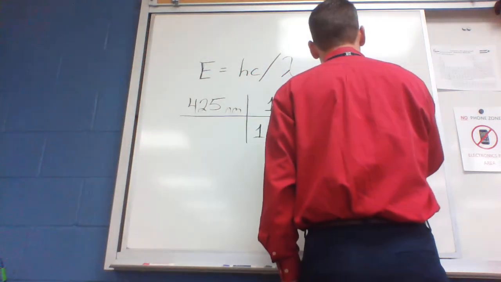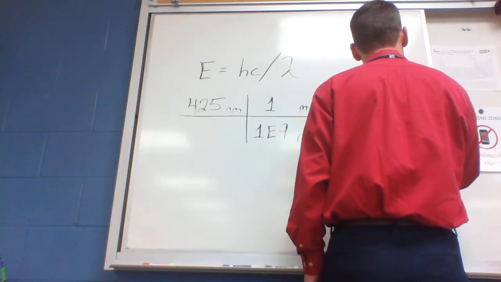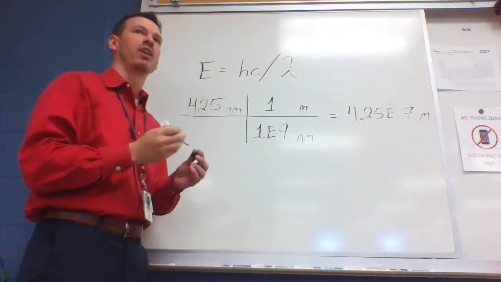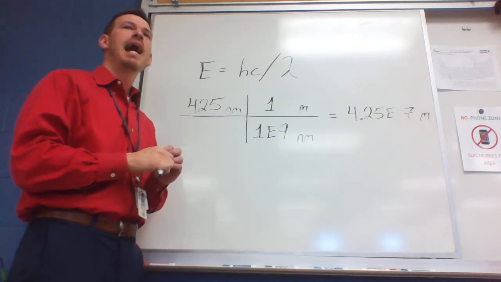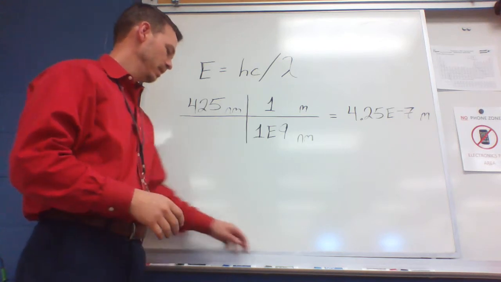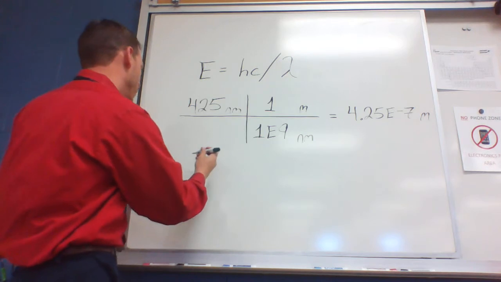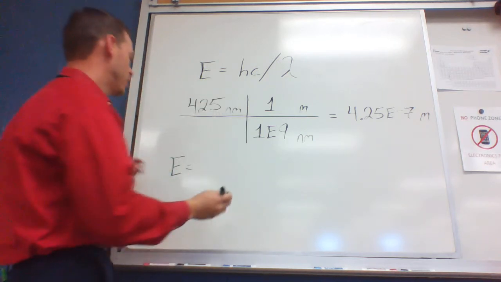And I get 4.25 E negative 7 meters, which again, all we've done here is a conversion. Now we can plug and chug. All right, so we're looking for energy. So we'll go E equals HC.